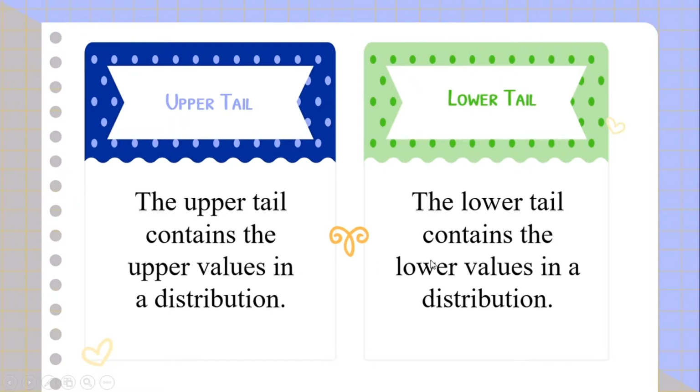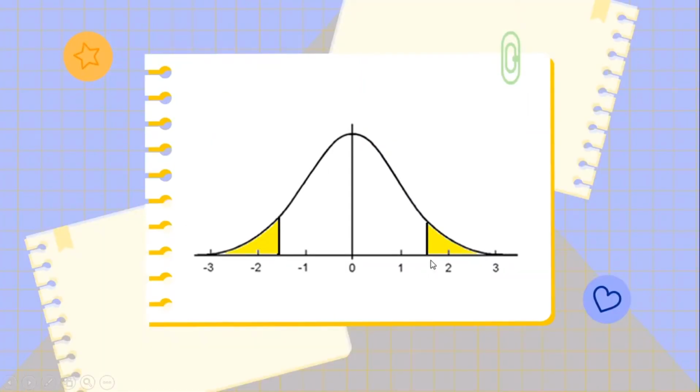The upper tail contains the upper values in a distribution, while the lower tail contains the lower values in a distribution. In the illustration presented, which of the tails do you think is an upper tail or lower tail? Upper tail is the one on the right, or the right tail, since sabi natin kanina na ang upper tail contains the upper values.